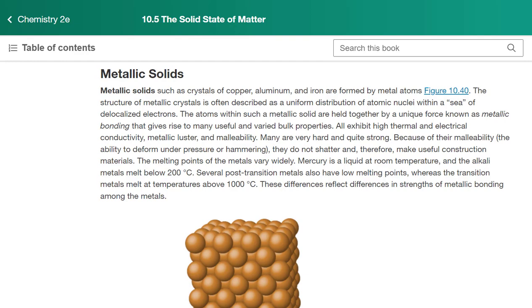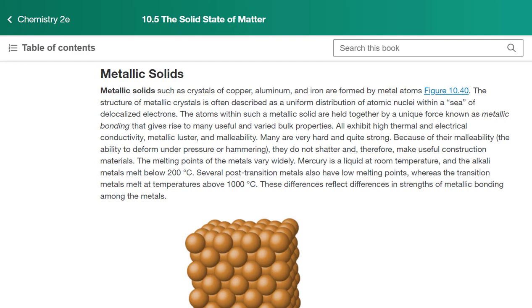What's going on is something called metallic bonding. The way we visualize it is, metals tend to want to lose electrons. When they lose those electrons, the electrons are just going to go out and not go anywhere because no one else wants them, right?